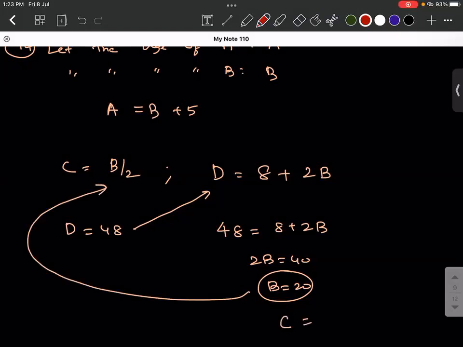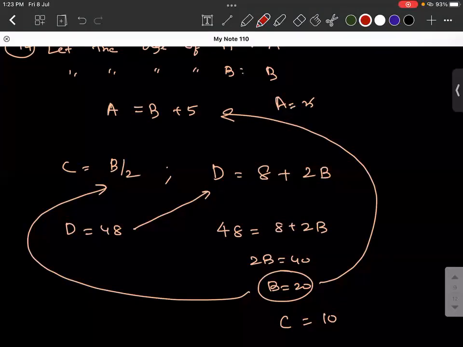Then what will C be? 10. Similarly, I'll take B is equal to 20 and substitute it here. So what are the answers? 25.